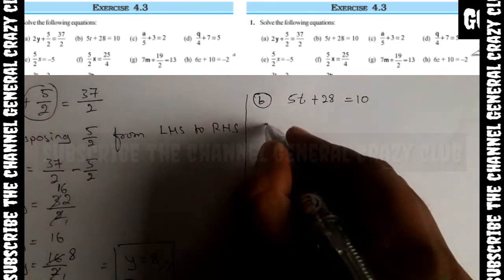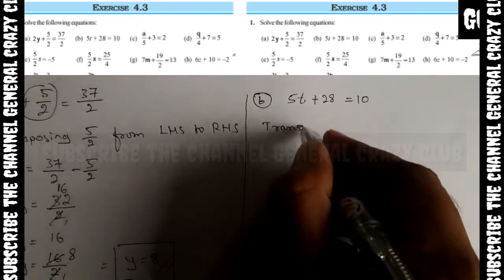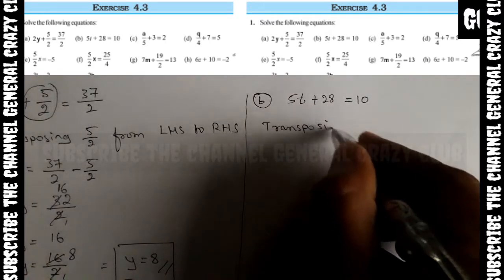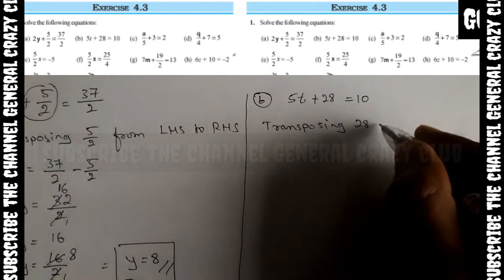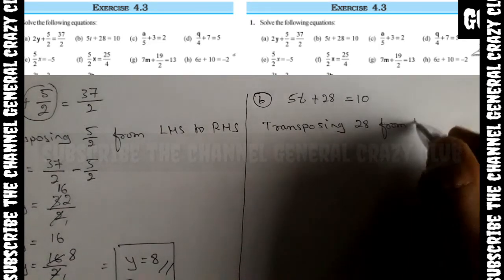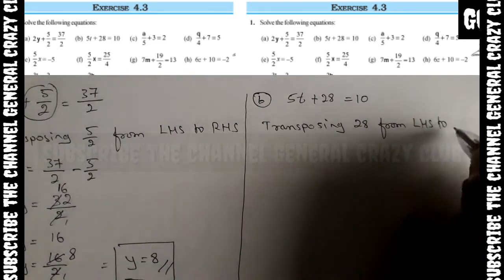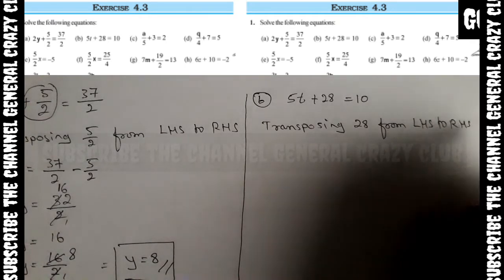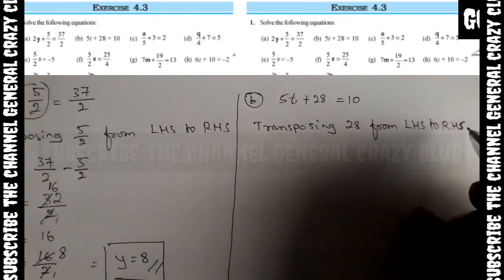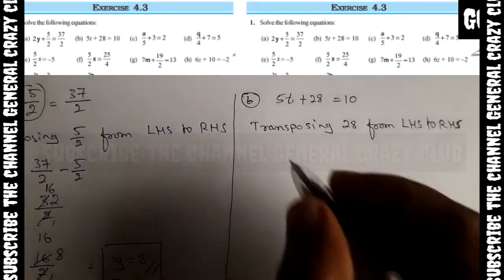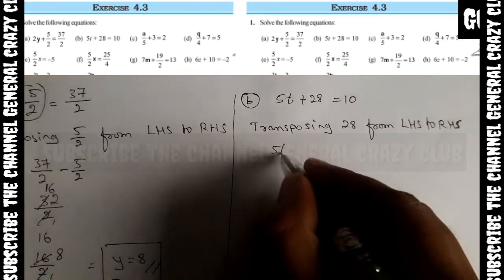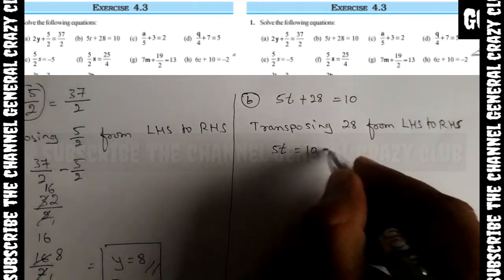First we are transposing 28 from LHS to RHS. You are transposing here 28 from LHS to RHS. It means 5t equal to 10 minus 28.